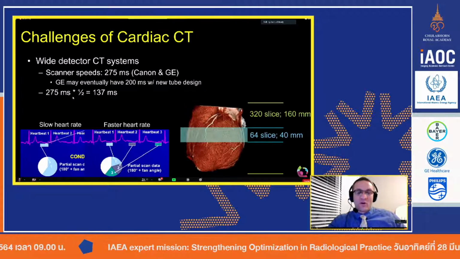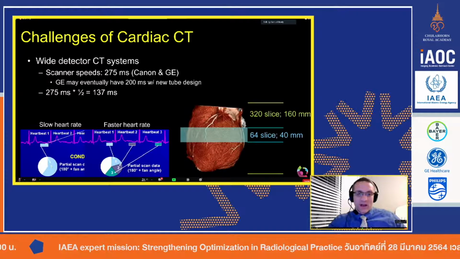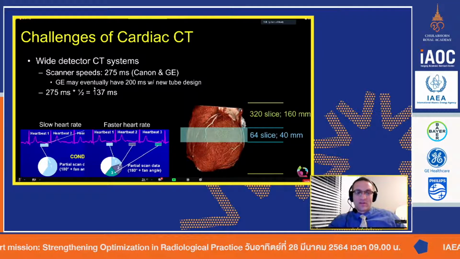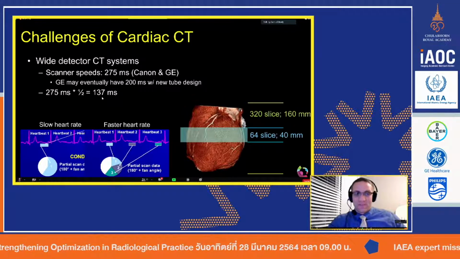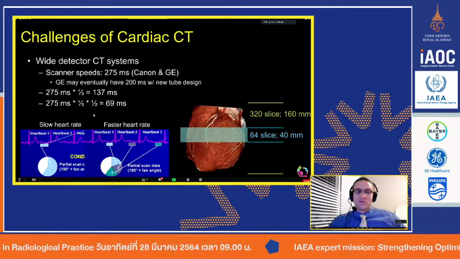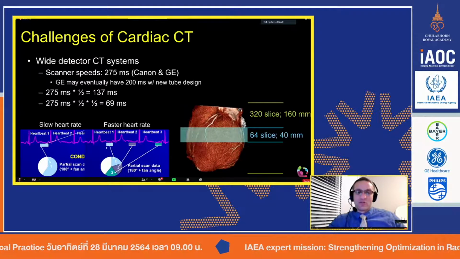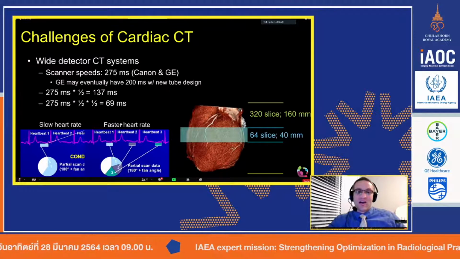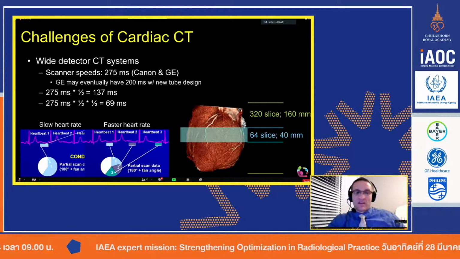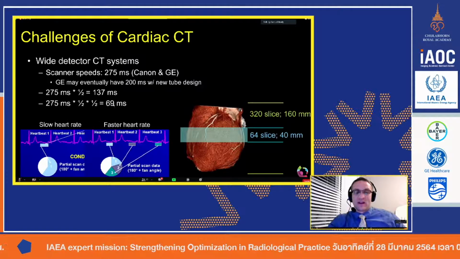You really only need about 1/2 rotation plus fan angle. So in this case, you can image at 137 milliseconds. That's reasonable. That's respectable. If you do 2 spins, so you have to image over 2 heartbeats, now 275 single rotation twice at that specific diastolic phase, you're down at 69 milliseconds.